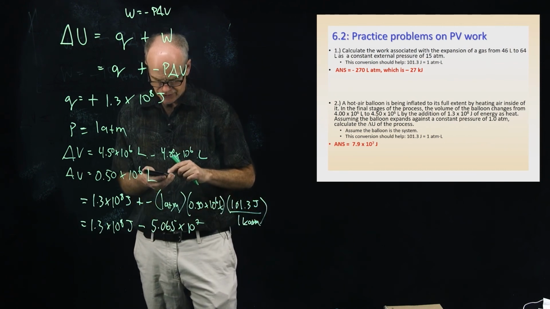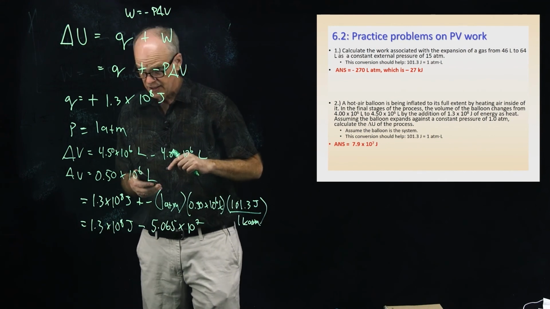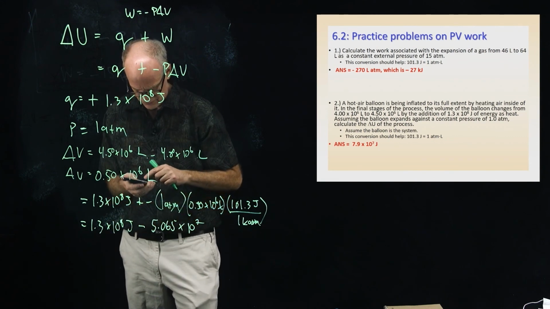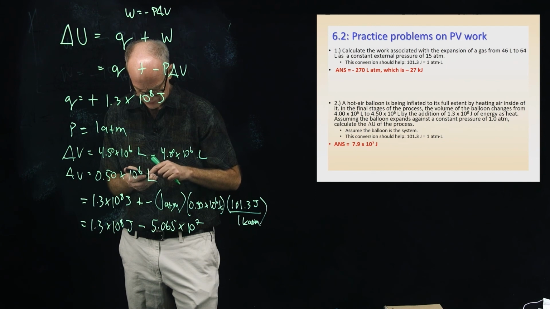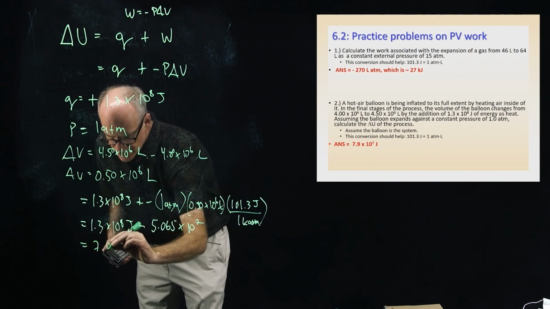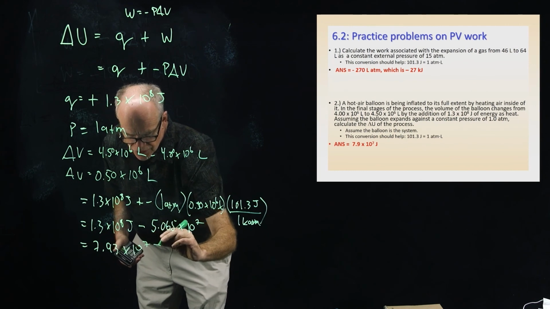So I'm just going to subtract that from 1.3 times 10 to the 8. Let me do that again, 1.3 times 10 to the 8 minus 5.065 times 10 to the 7, and I get 7.93 times 10 to the 7 joules, which is the answer we wanted.